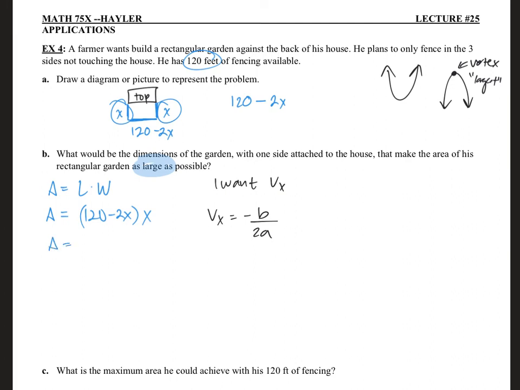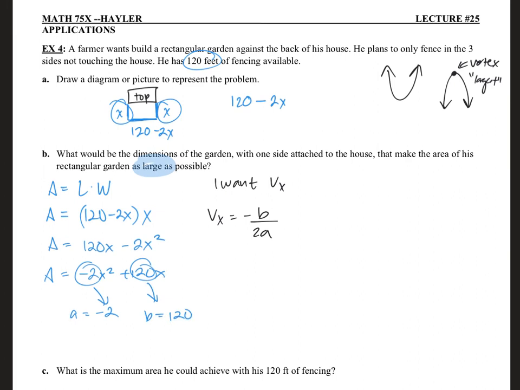So the area equals 120x minus 2x squared. Let me rewrite this: I get negative 2x squared plus 120x. If you wonder where this came from, remember, that's just distributing right up there. So my a value is negative 2, and my b value is 120.